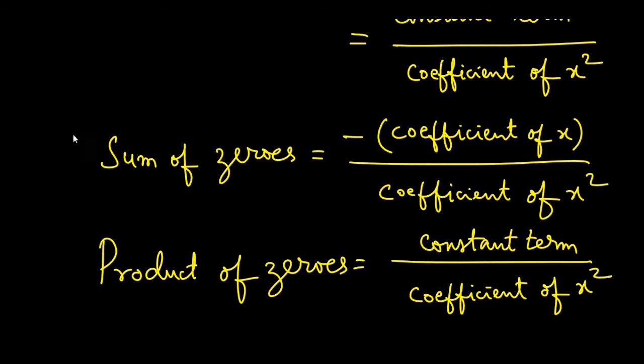This is the relation between zeros and coefficients of a quadratic polynomial.